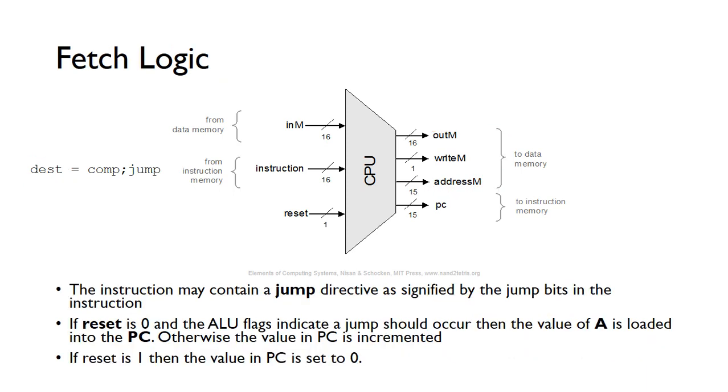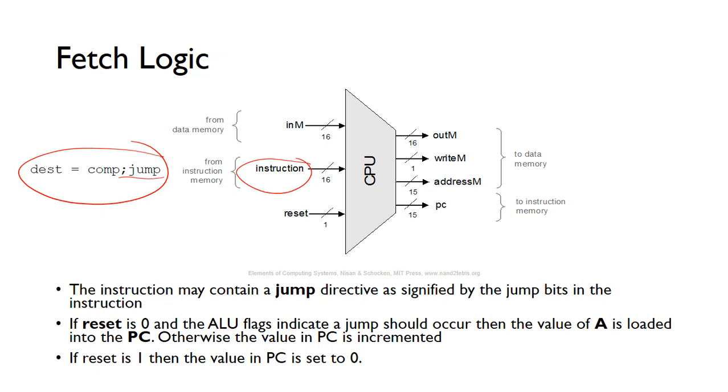And the fetch logic, again, if we look back at the instruction, we know that an instruction might contain a jump. We can look at that by looking at the jump bits on the instruction. If reset is 0, that means we don't want to reset the computer, and the ALU flags indicate that a jump should occur.